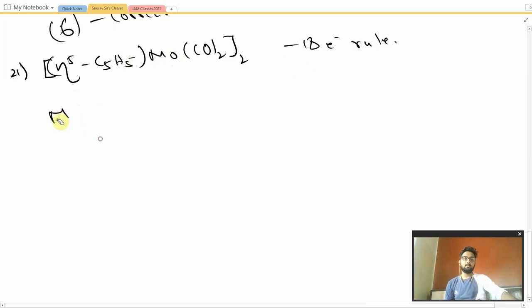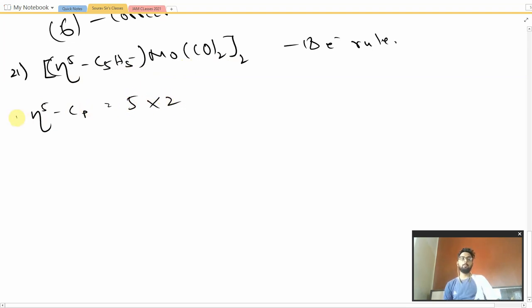So let us firstly calculate the overall electron contribution in this complex, and then we'll be calculating. The η5-Cp would be contributing, there are two η5-Cp, so one would be contributing 5 electrons.